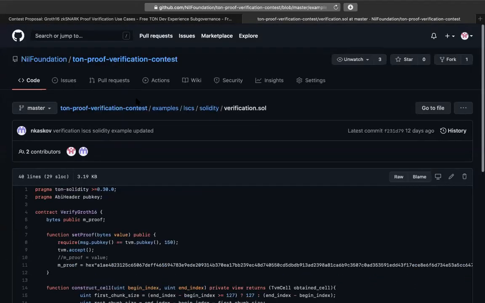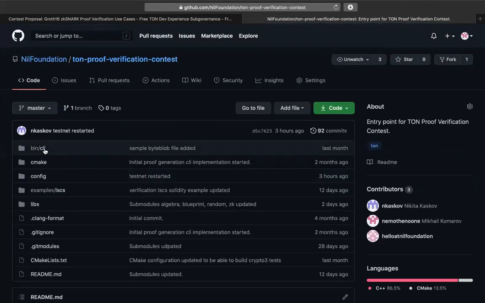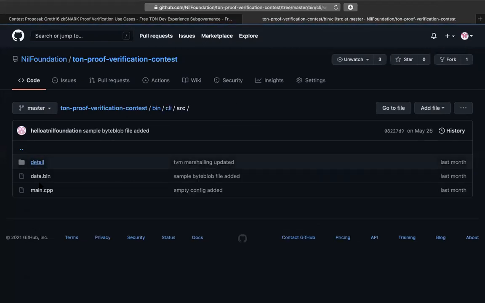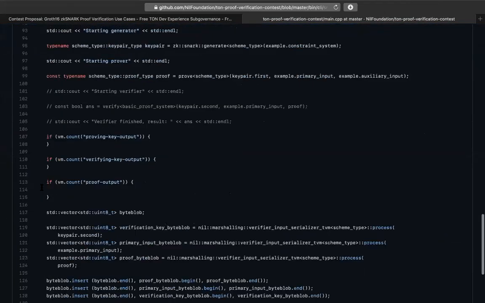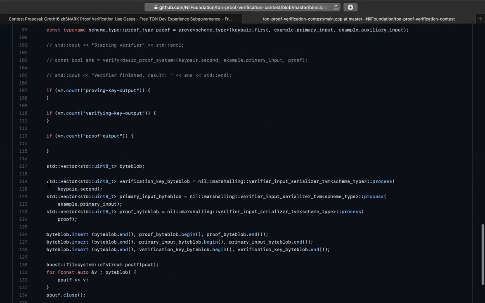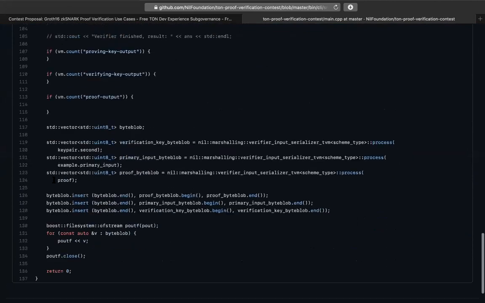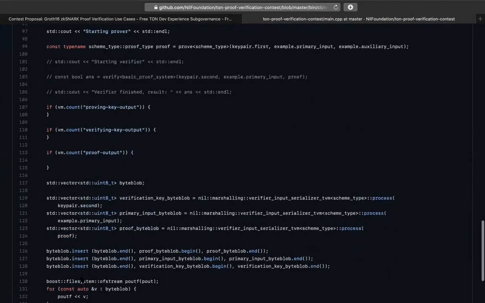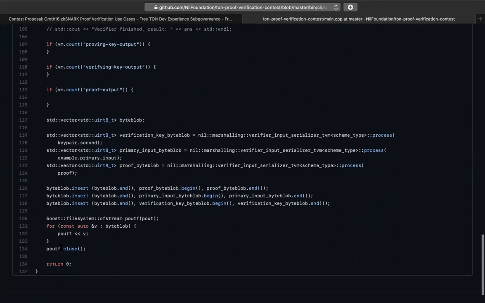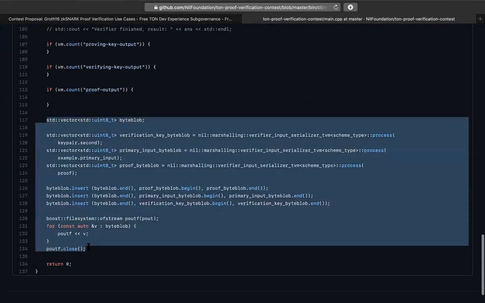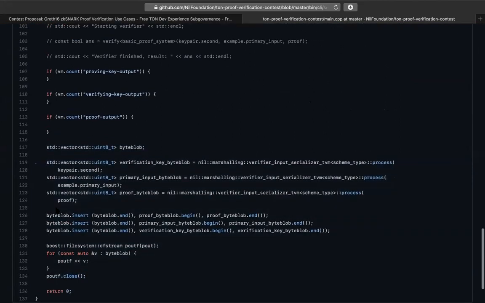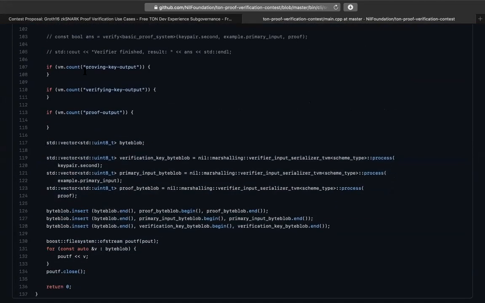The proof serialization is embedded into this utility as well. The format of it will probably be published. We have to put this under the program options. Anyway, you'll get your verification key byte blob, your primary input byte blob, and your proof byte blob.